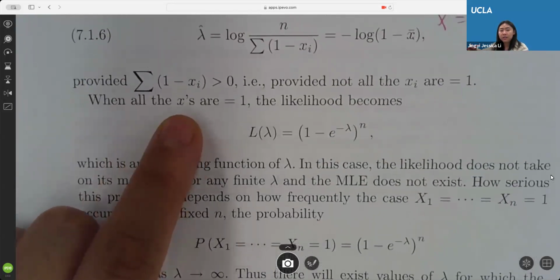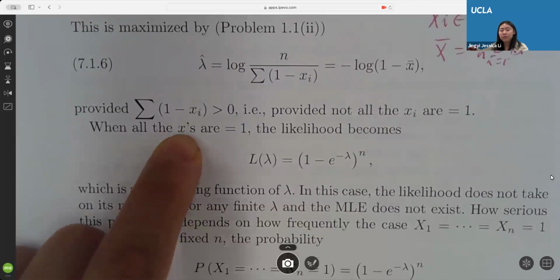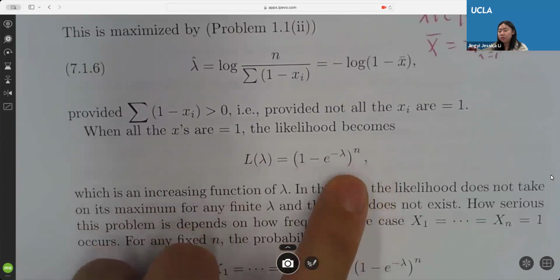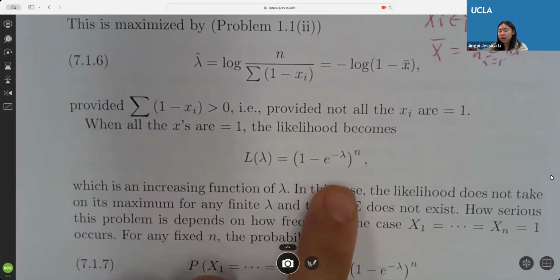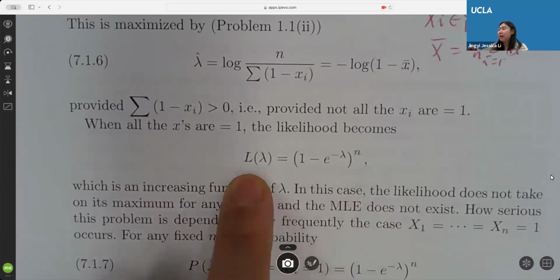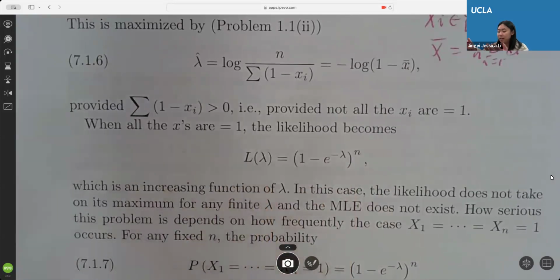On the other hand, if you did observe a sample that is all ones, the likelihood just becomes this form. This form means that if your lambda increases, the likelihood increases. So that's why you would tend to choose a large lambda.